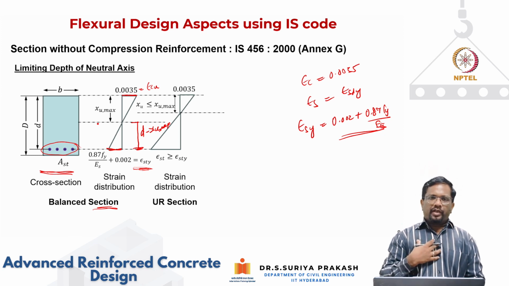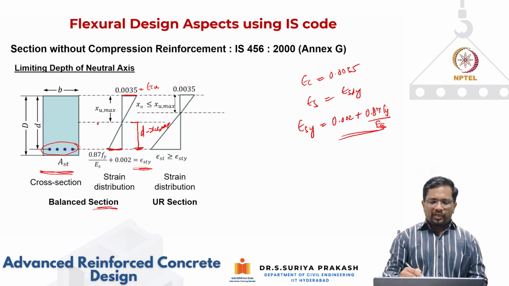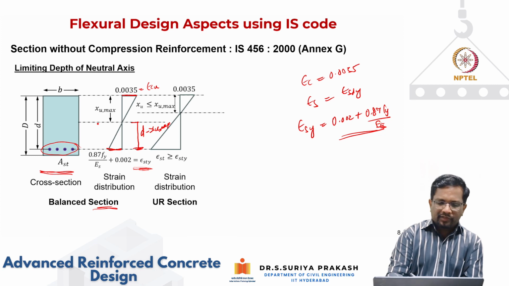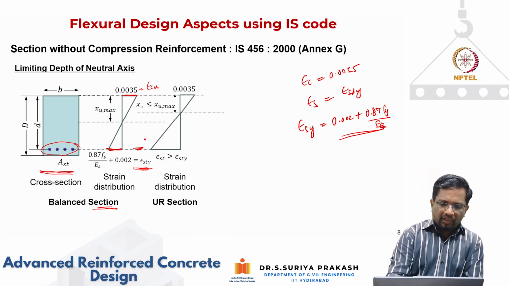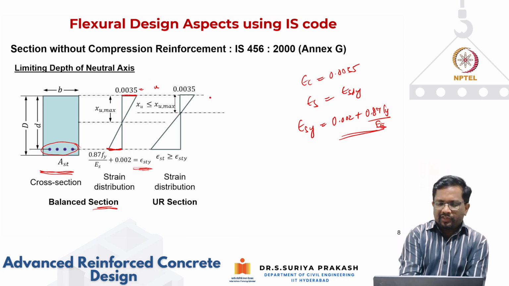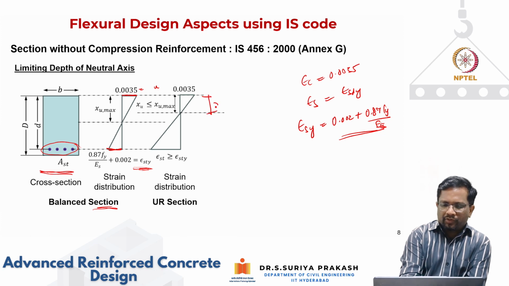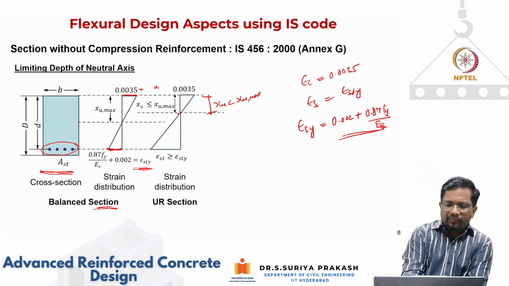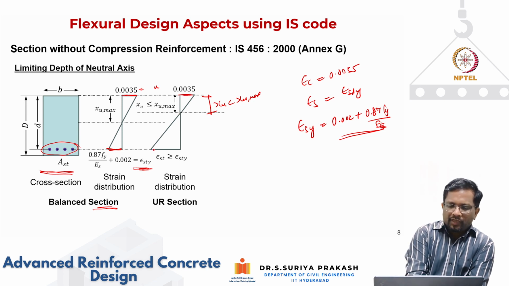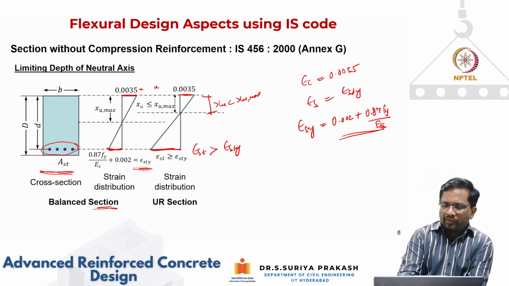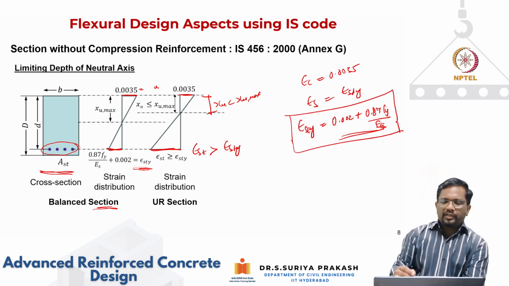I always want to make sure that the section is designed like this. I put the amount of reinforcement in such a way that this xu should always be less than xu max. So that when x becomes less than this, then this strain, epsilon st, will become more than epsilon sty, which is your tension value. So that is our intention.